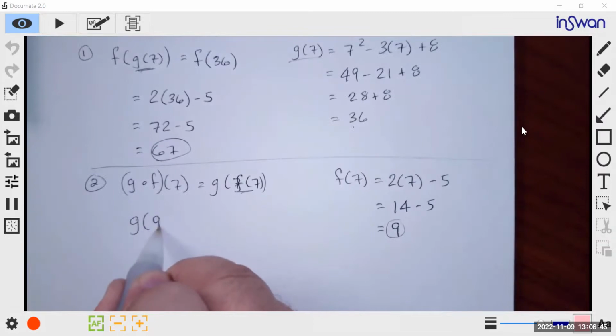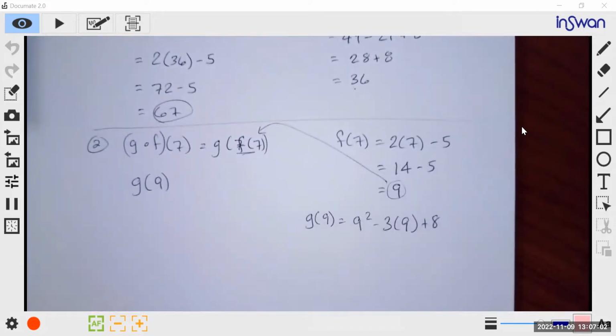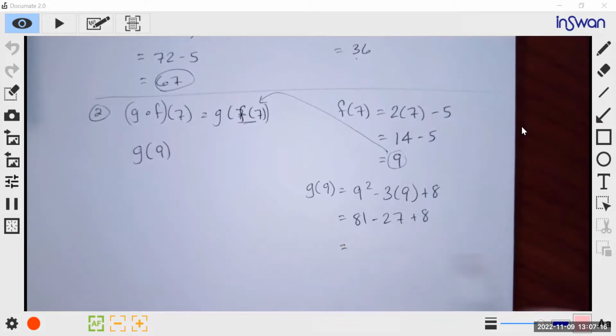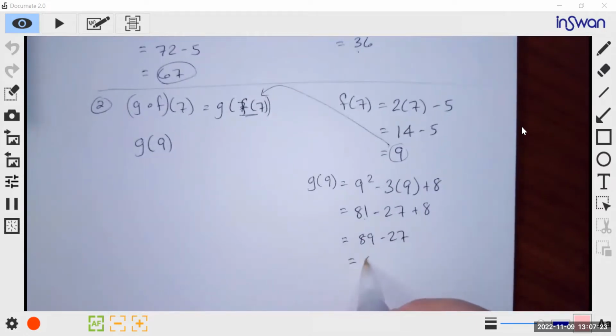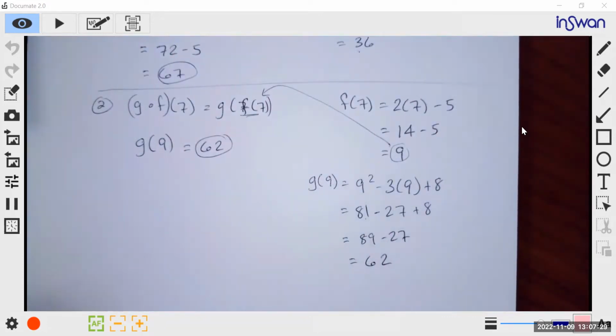So that goes in place of f of 7. g of 9 is 9 squared minus 3 times 9 plus 8. 9 squared is 81, minus 27, plus 8. 81 plus 8 is 89, minus 27 is 62. So far, so good.